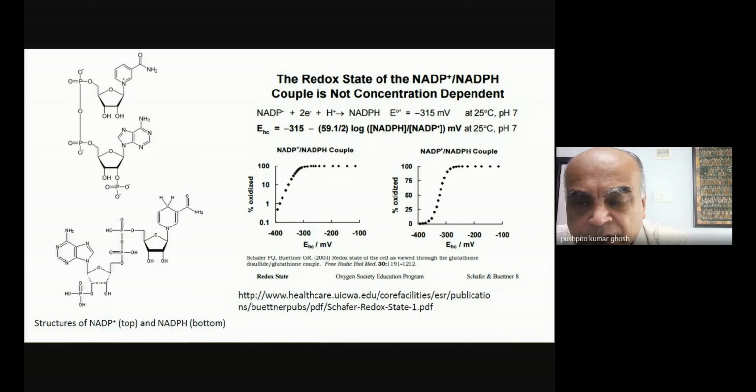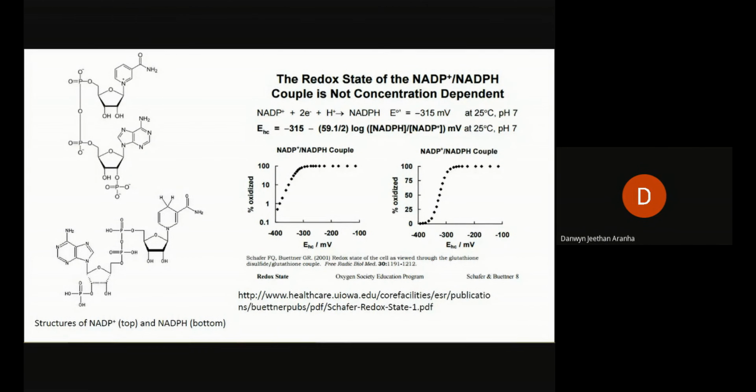Yes, sir, it gives free energy. Right. So if my E is negative and I've got minus NFE, my delta G will become positive. Right or wrong? Yes, sir, it will become positive.